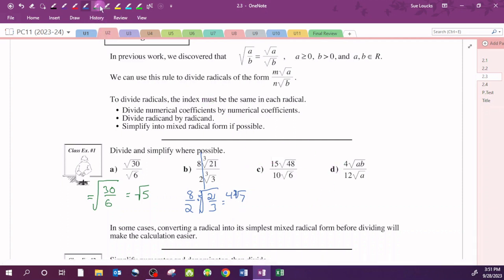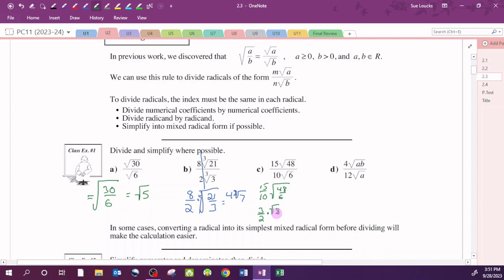Let's do this again. This one I've got 15 over 10 times the square root of 48 over 6. So 15 over 10 reduces to 3 over 2. And 48 divided by 6 is going to be 8. So that's times the square root of 8.